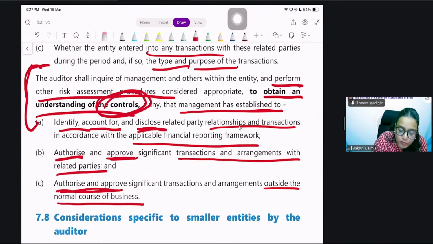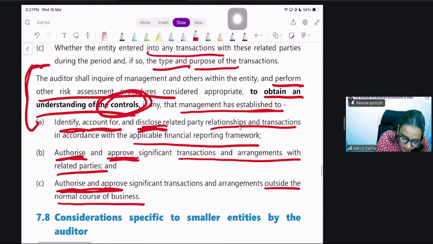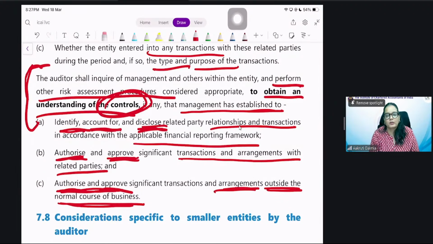So if management has to give me the controls on how related parties are identified, accounted, and disclosed, what is the procedure to authorize and approve related party transactions, and especially what is the process to authorize and approve arrangements that are outside the normal course of business.